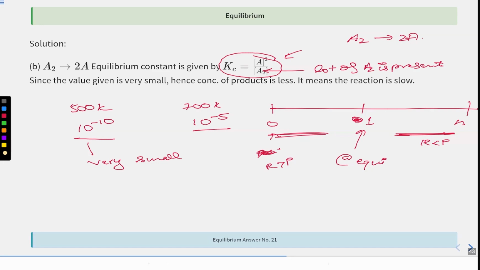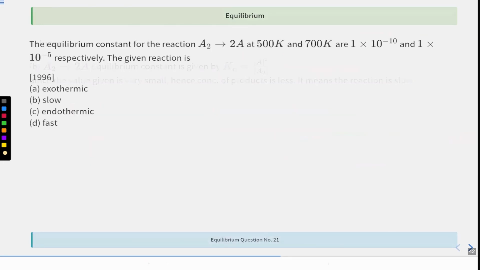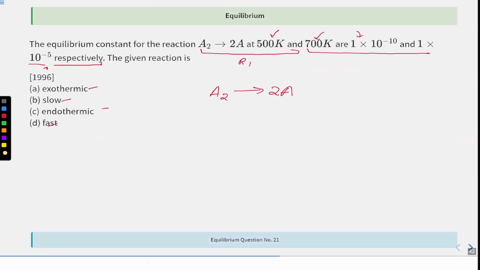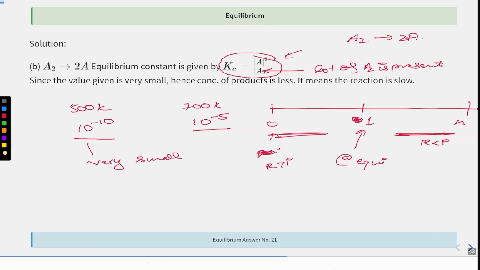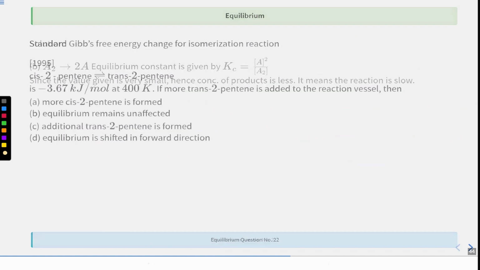Because a lot of A2 is present, I can say that even though there is a 200 Kelvin temperature increase, the reaction is still going at a very slow rate, because the products are not yet formed to the extent that our constant has a high value. Got it? So I'll say that this reaction is slow.